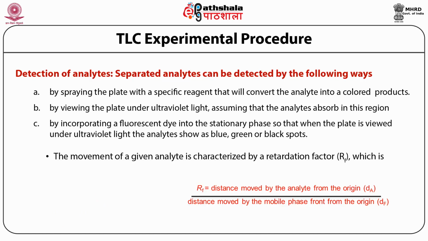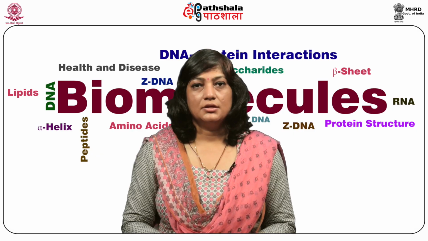So by measuring these distances, you can easily calculate the retardation factor of these spots, compare it with a reference or a control that you have run on the TLC plate, and then you can identify the individual lipids against that reference.